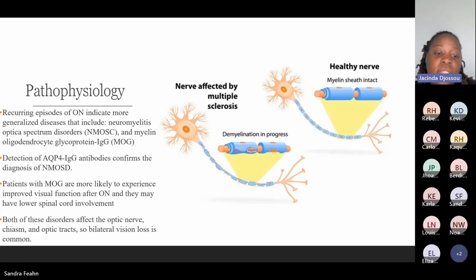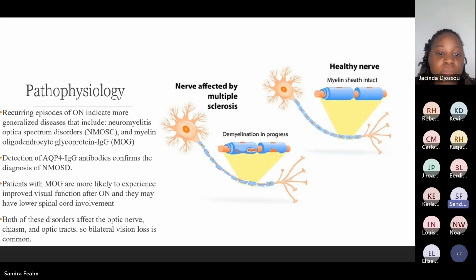Optic neuritis can also be caused by infections that precipitate autoimmune reactions. So this can be bacterial diseases, viral diseases, or drugs and toxins. So Sandra will now talk about the pathophysiology of optic neuritis.